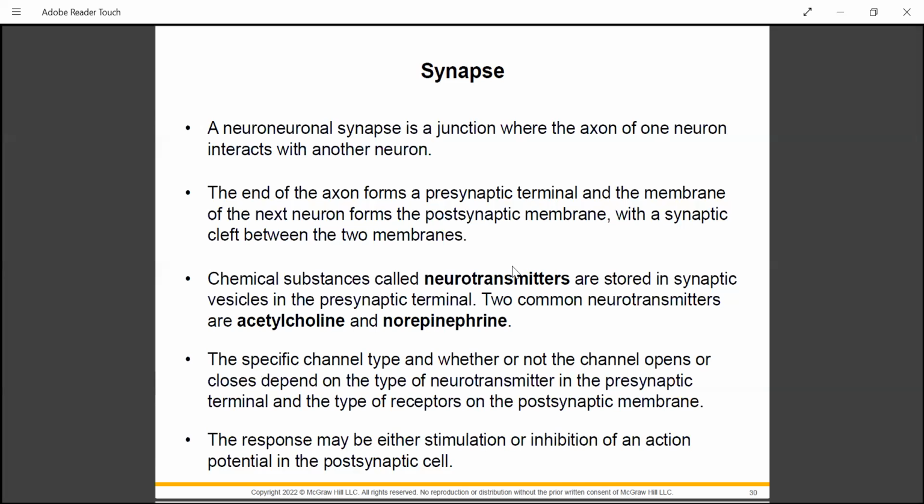The specific channel type and specific receptors are going to depend on the type of neuron, where it's located, and the type of neurotransmitter it responds to. The neurotransmitter is typically going to say yes, fire more action potentials, or no, stop firing.